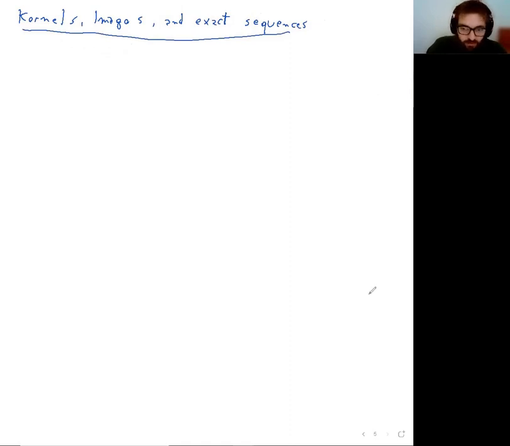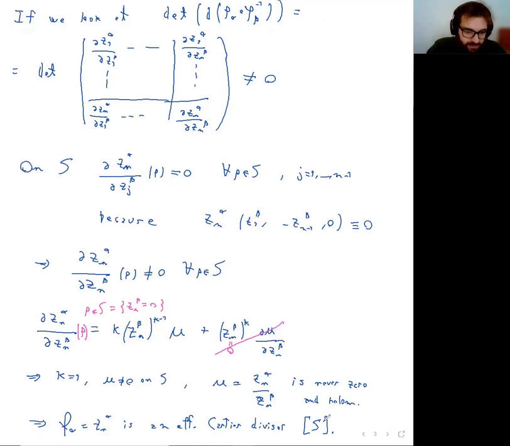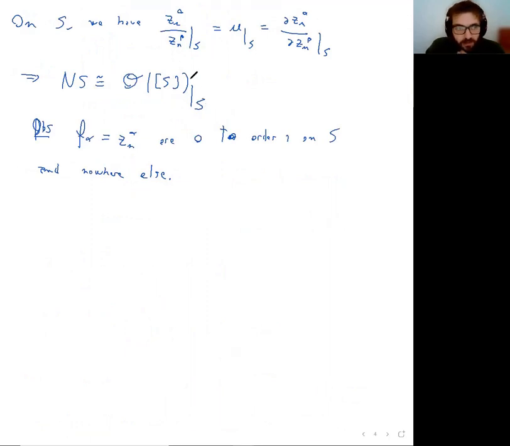Have you ever heard of divisors before, probably in some algebraic geometry course? Yeah, I heard of them once, but only for one week. Okay, if you heard it in an algebraic geometry course, they also have a standard way: you start with a submanifold, you associate this thing, and this gives you a bundle. But they define it a bit differently.